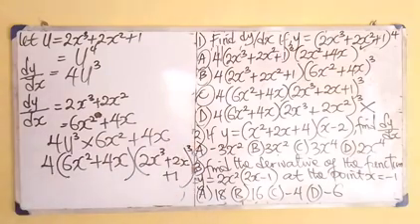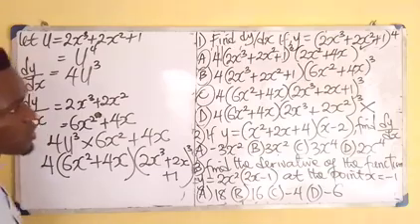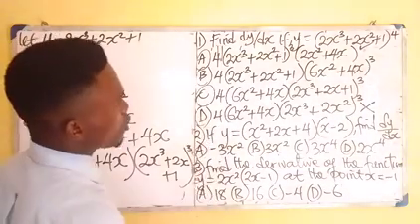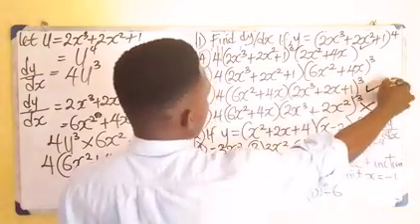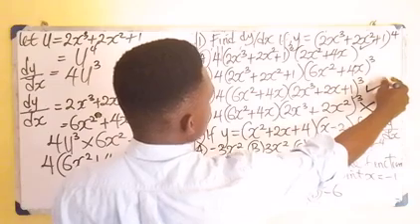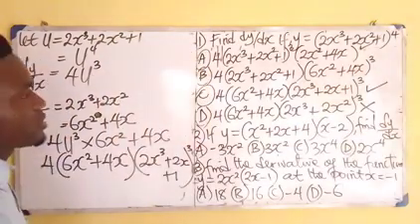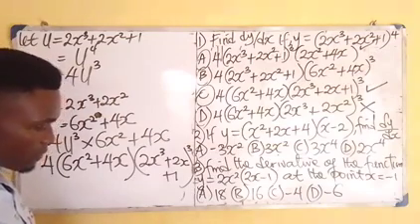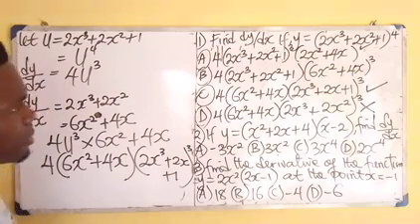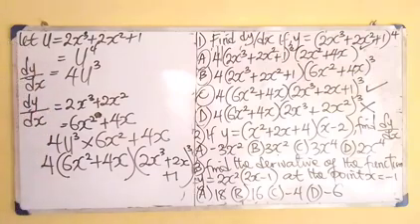So the answer to this question is option, what option is that again? That should be option C. Is that correct? Yeah, option C is the correct answer. All right, so that is how it is. Very, very simple.